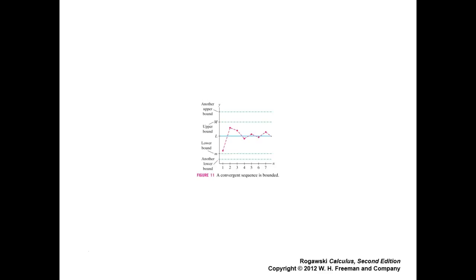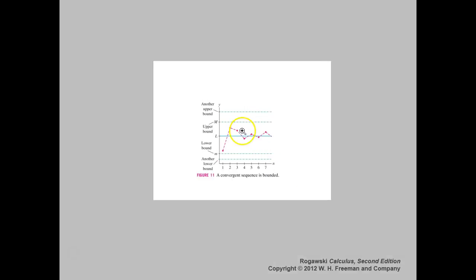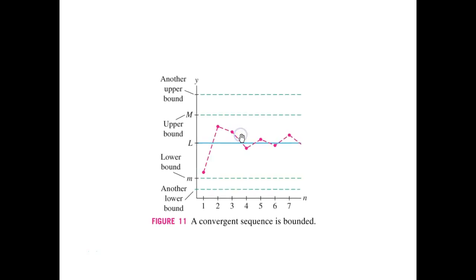Because all your values are less than or equal to that M. And if this is indeed your sequence, then your lower bound could be any value here. Now, they could be negative, they could go on and on and on, but the greatest lower bound would be that, at least if nothing weird goes on out there. Sorry, I should have blown this up. Okay? Got the concept here.